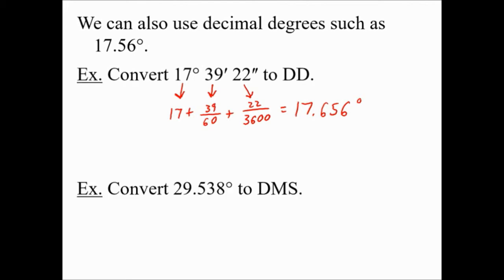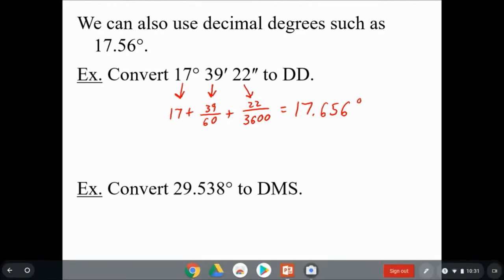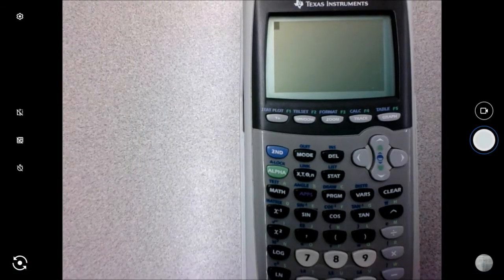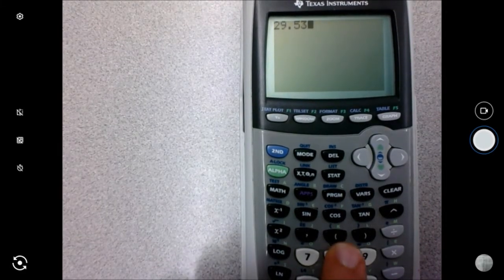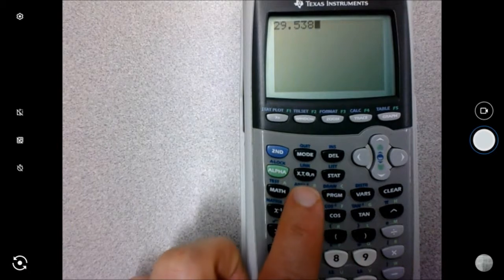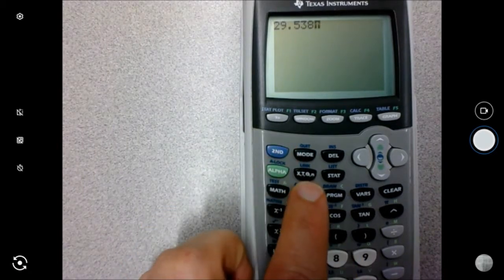Now, we also want to talk about how to convert the other direction. So here's some decimal degrees. We want to convert this to DMS, which stands for degrees, minutes, seconds. And so we're definitely going to do this on the calculator. Let me just show you really briefly how to do that. So let me type in that decimal. It was 29.538. On this calculator, I'm going to go to that angle menu again.